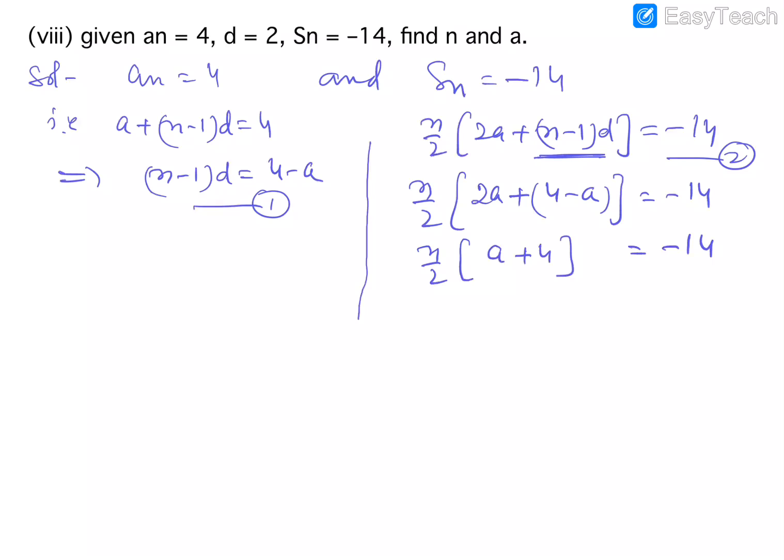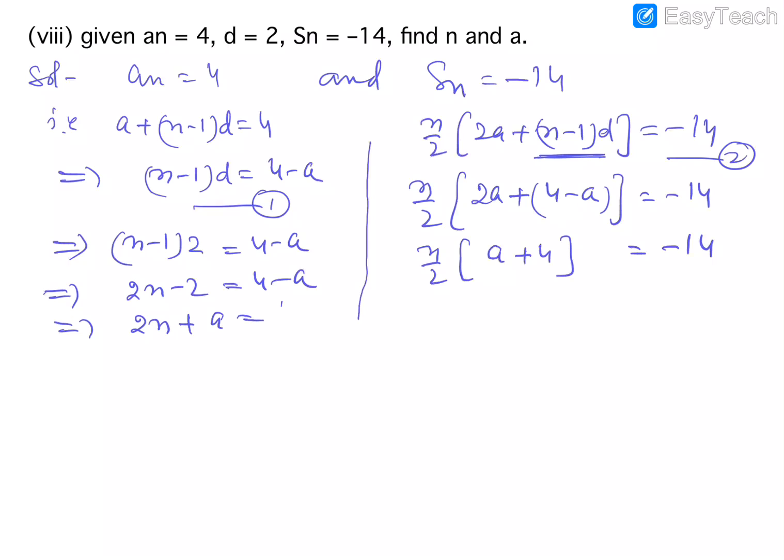If we put d is equal to 2 in equation first, this gives n minus 1 into 2 is equal to 4 minus a, or 2n minus 2 is equal to 4 minus a, or 2n plus a is equal to 6. From this, we can put a as 6 minus 2n.